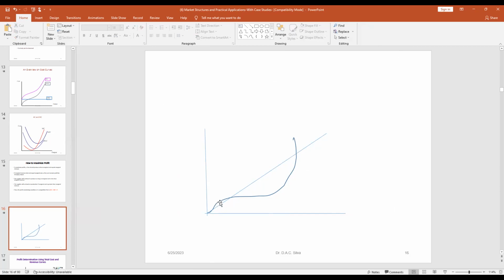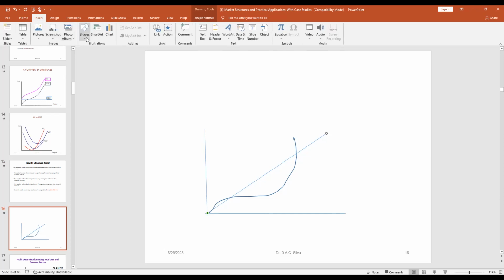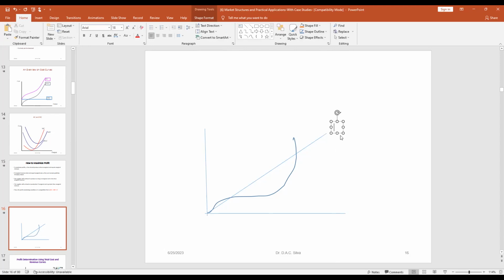So in this area total cost is higher than total revenue. In this area also total cost is higher than total revenue. But in this area total revenue is higher than total cost. If I have this type of curve, this is TR, total revenue.